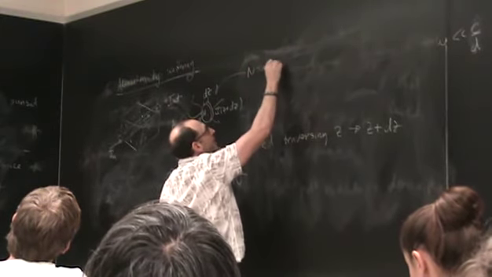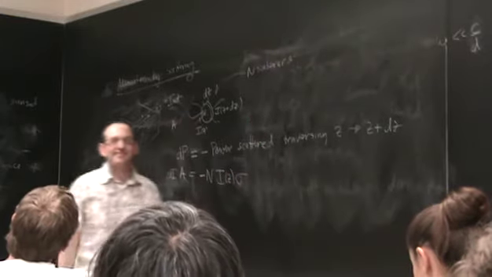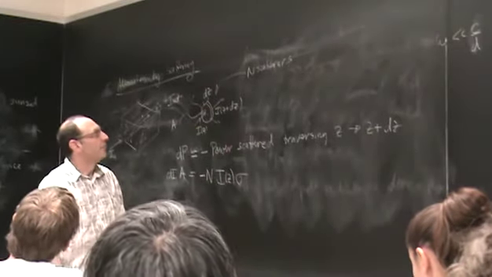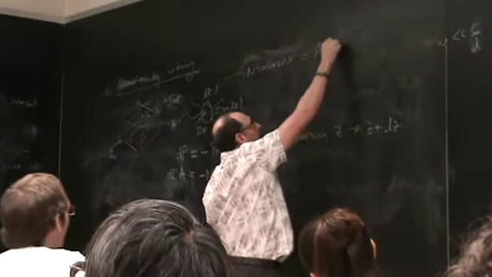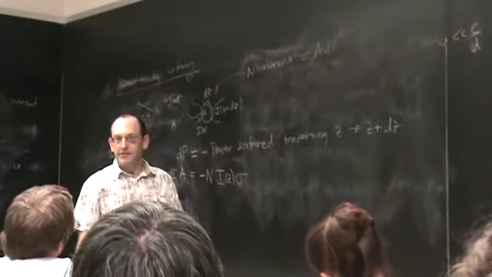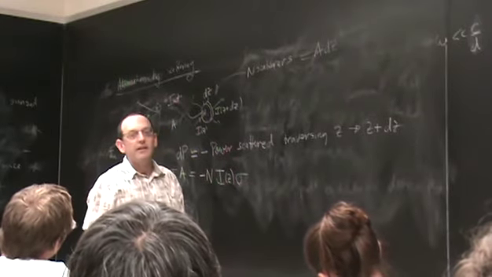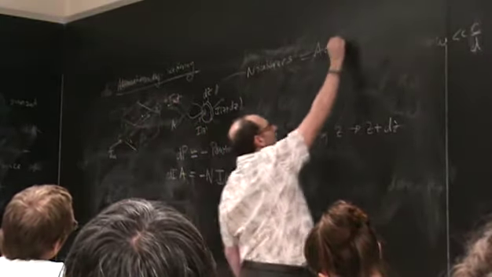Okay? And the number of scatterers is equal to the volume of that little disk times the density of scatterers, which I'll call little n.